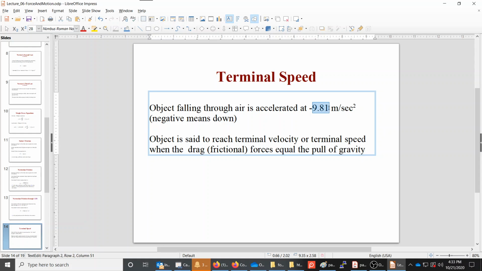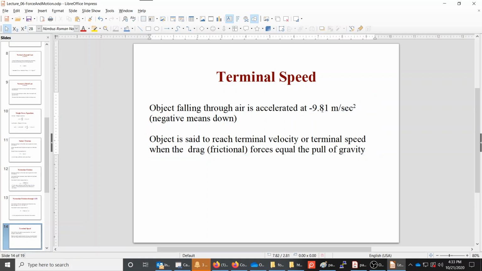This is an acceleration. All right, so it's pulling us down 9.81 meters per second squared. So as time increases and we keep accelerating, we keep going faster and faster, the force due to acceleration is increasing.